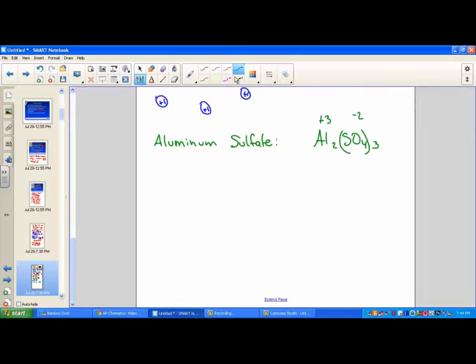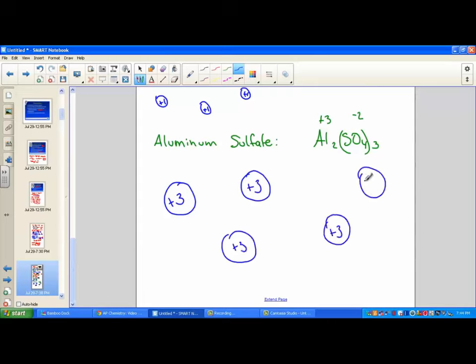So, let's use blue to represent the +3 aluminums. We have to draw 6, so there's 1, 2, 3, 4, 5, 6. Alrighty, so that's the largest circle with its +3 charge.